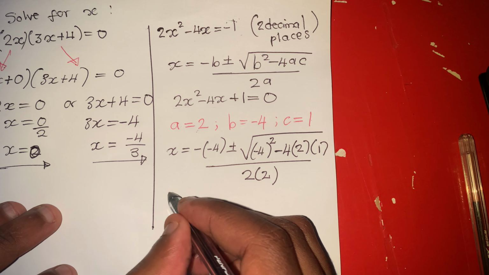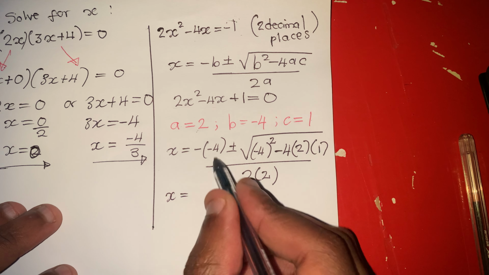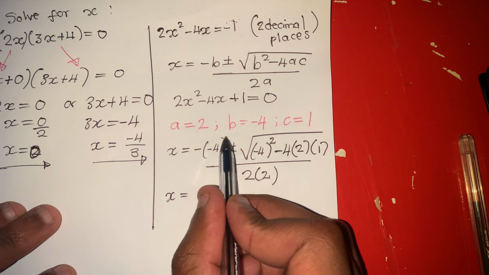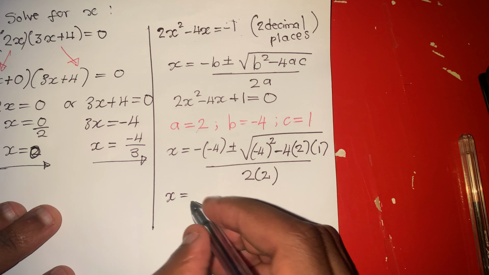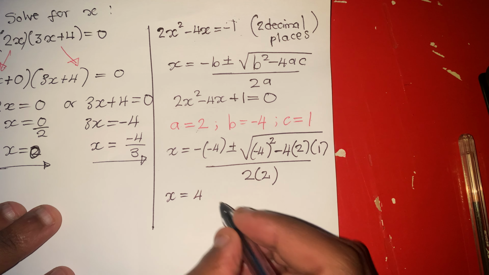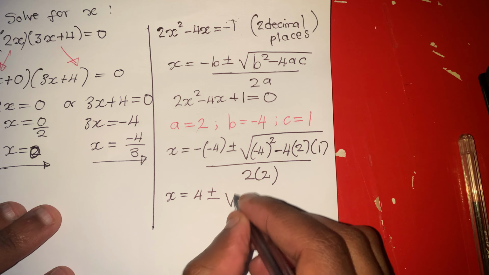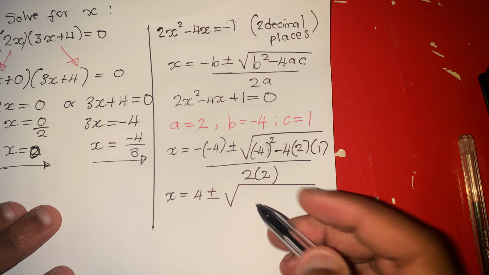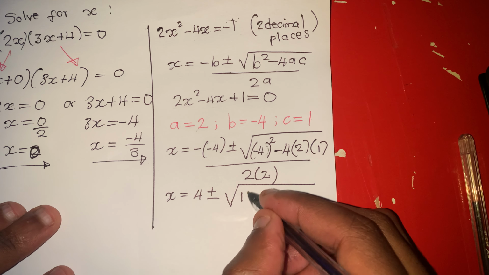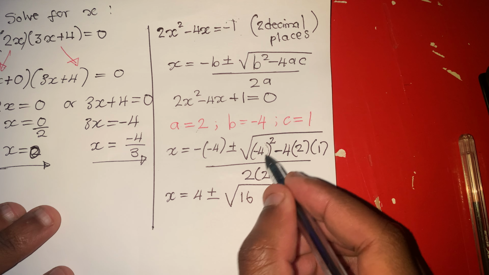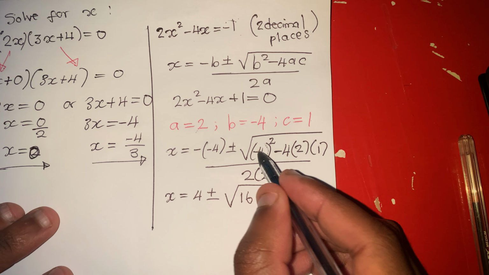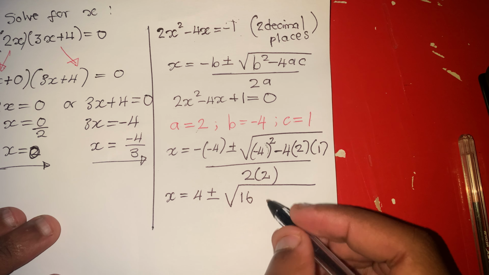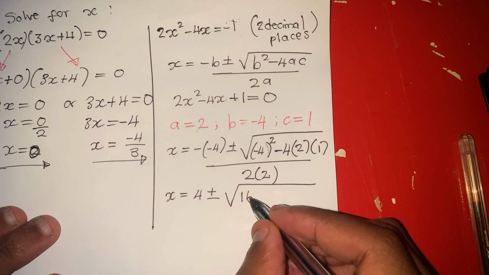So now simplify it a little bit further. If you look, here's negative times negative, and there is no exponent 2 or whatever here. So you'll be having 4 plus or minus. Then in the brackets, you have 4 squared. 4 squared is 16. Negative 4 squared, a negative times a negative is a positive, so you have positive 16.